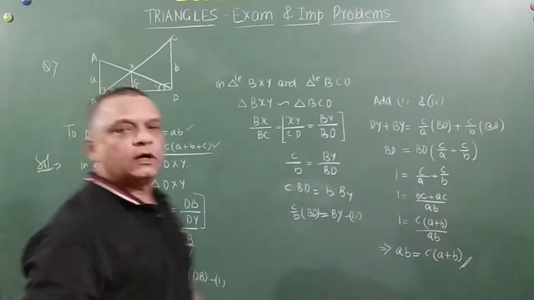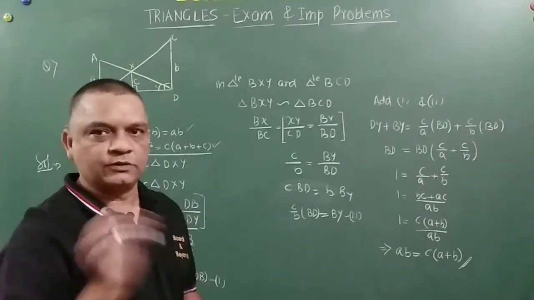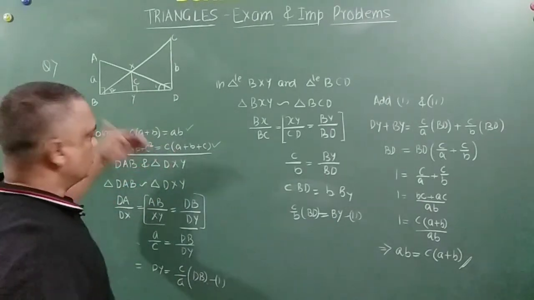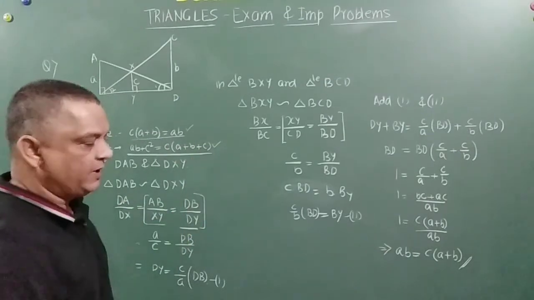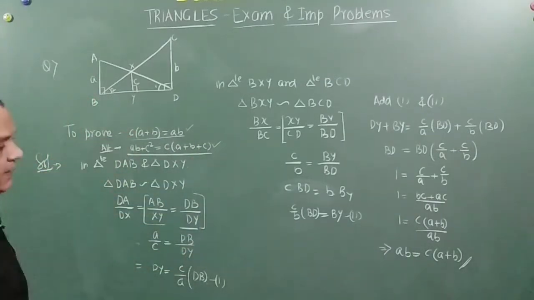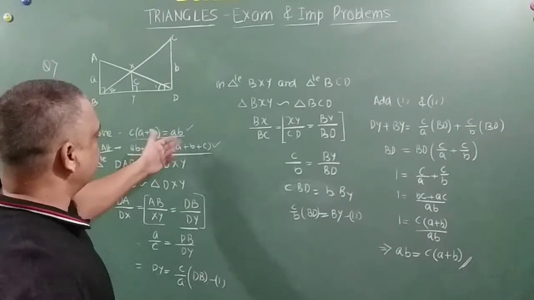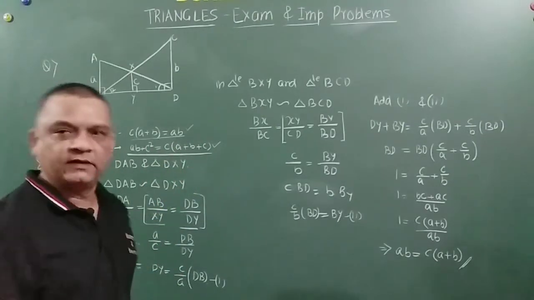So this is how they check your in-depth understanding of the topic. They will change the statement to prove, instead of giving this simple statement, they will give you a complicated statement, but actually this and this are the same. What I have done, nothing great. I have just brought the C this side and then added C on both sides of the equation. That is how you get this, right?